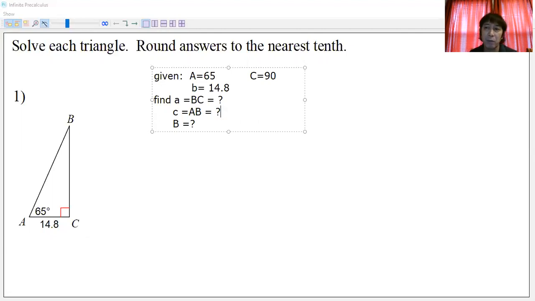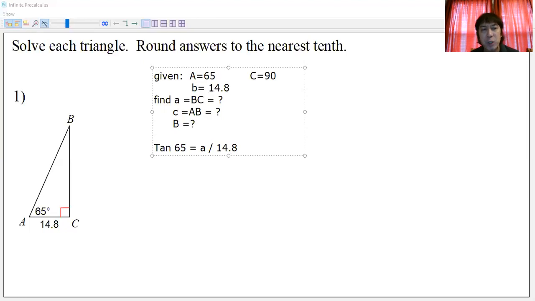So we shall determine what formula we're going to use to find those unknowns. We have here the opposite side and adjacent side if we're considering angle A. So we can use tangent. Our working equation will be: tangent of 65, the angle A, is equal to side A divided by the adjacent side, which is 14.8.